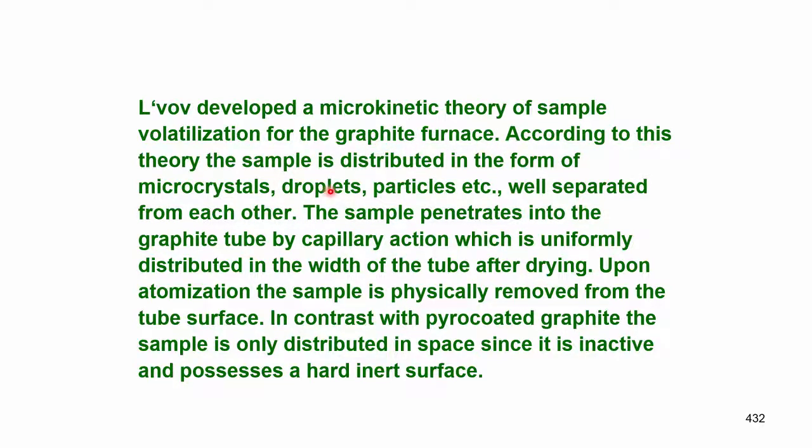According to this theory, the sample is distributed in the form of microcrystals, droplets and particles, etc. They are well separated from each other. So, the sample penetrates into the graphite tube by capillary action only. This is uniformly distributed in the width of the tube after drying. So, upon atomization, the sample is physically removed from the tube surface.